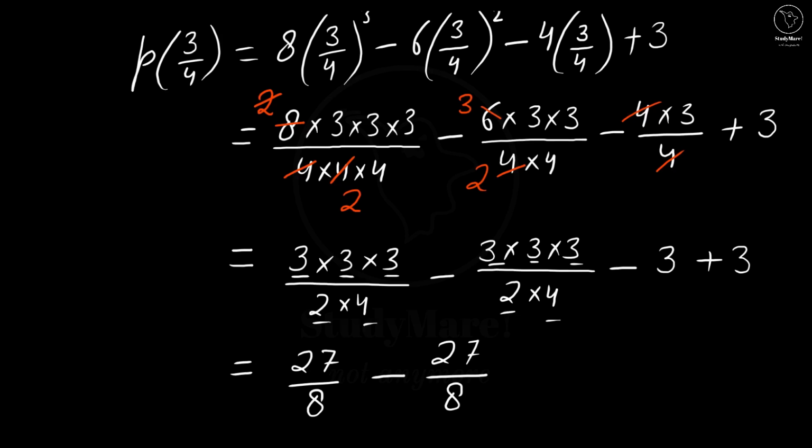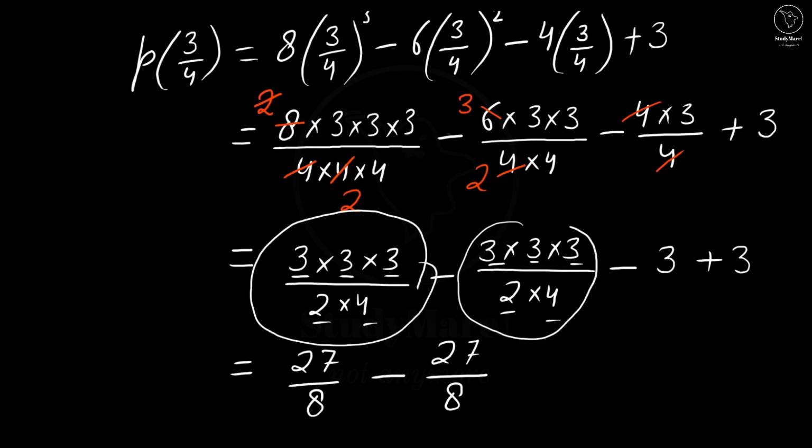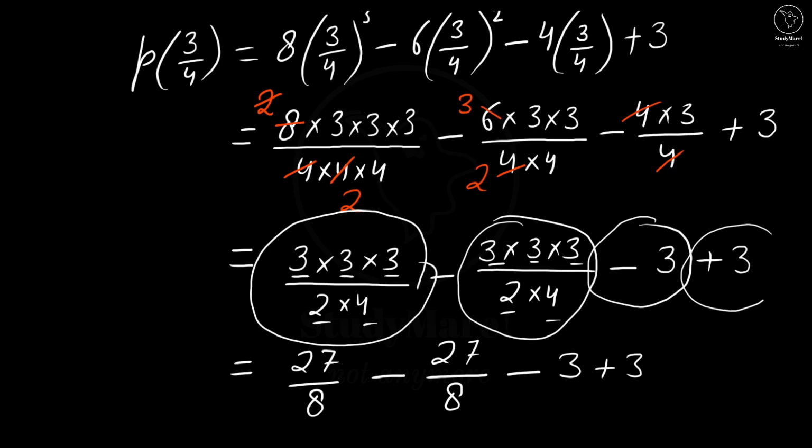So both are the same. If you see, we could have cancelled it out here also, as both are the same with different signs. Here we have minus 3 plus 3. Same here also. We have minus 3 and we have plus 3.